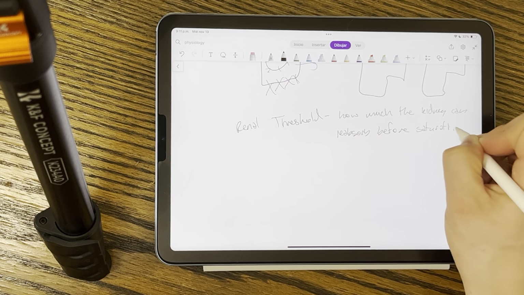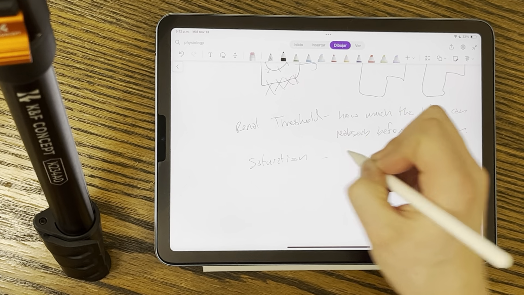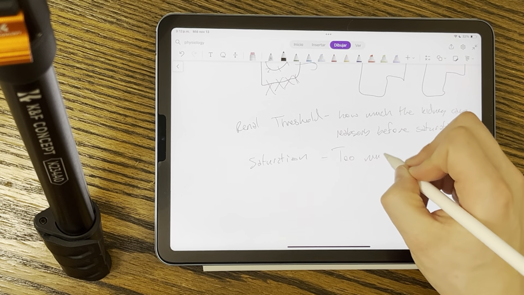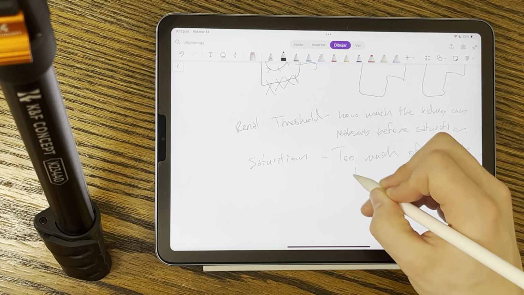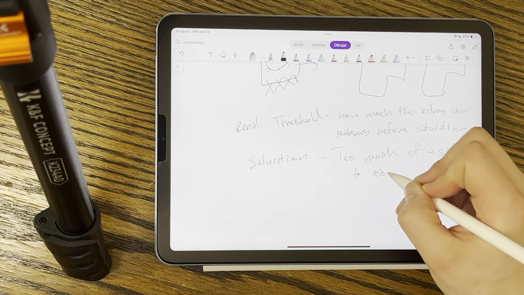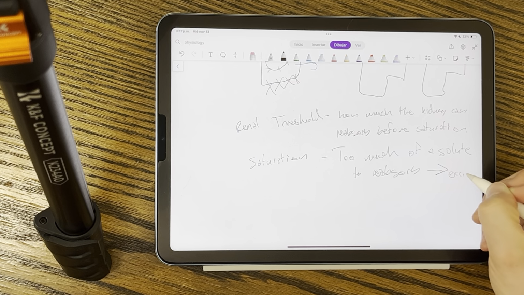So this is the value when saturation is reached. Saturation is when there's too much of a solute to reabsorb it, which leads to excretion.